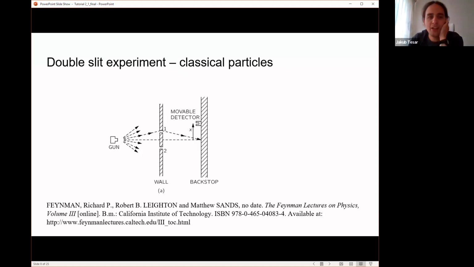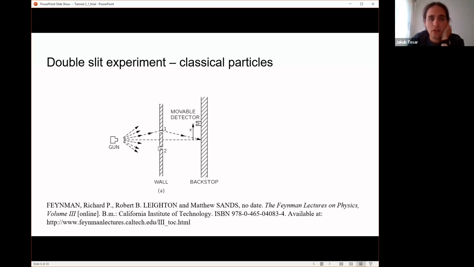The gun is not precise, it shoots in all directions, but we try to understand the probability that a bullet from the gun will reach the backstop at the specific place characterized by this X.